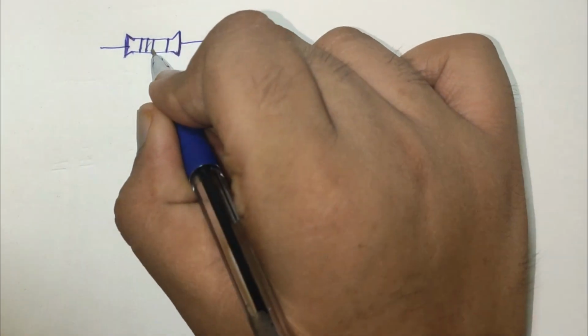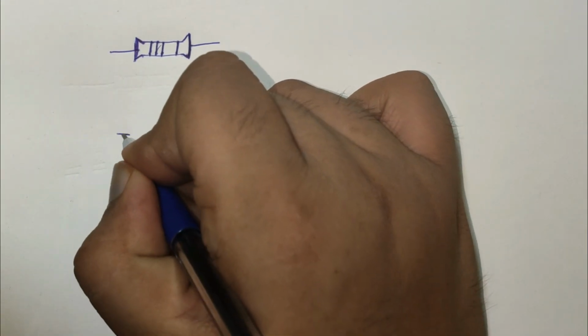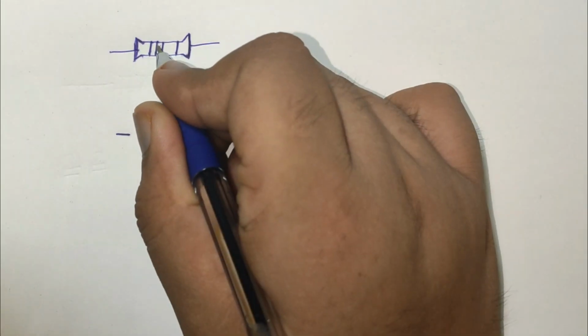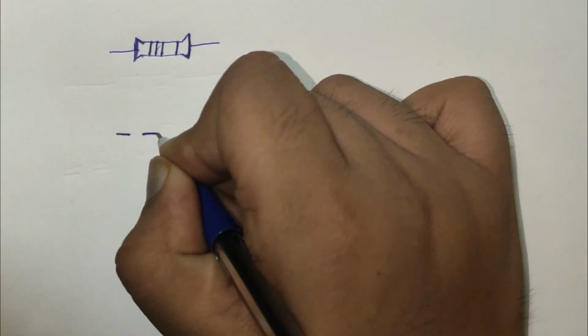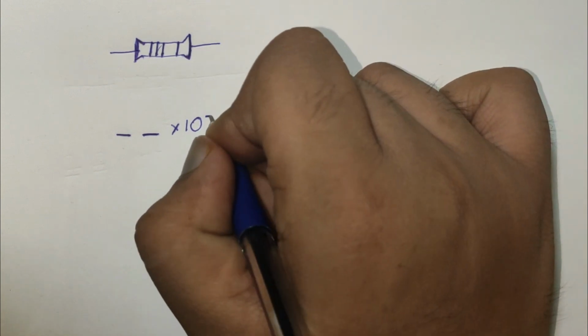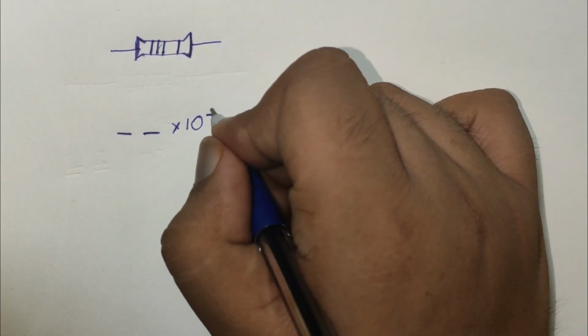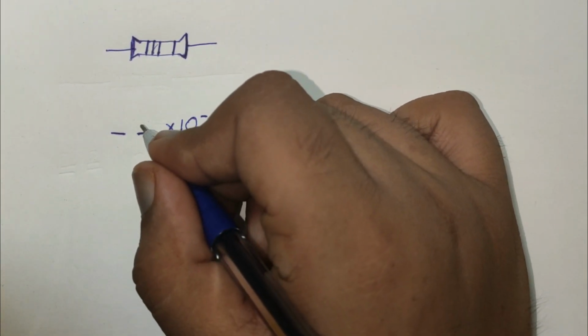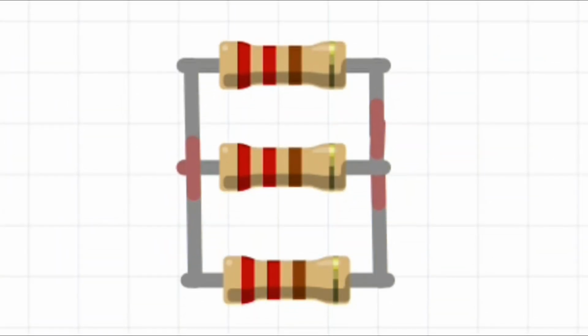So how do we determine the resistance from this color code? From the 3 bands, the first band corresponds to the first digit. The second band corresponds to the second digit. And the third band is called a multiplier. That is, it corresponds to the power of 10 by which we multiply. So in this example, there are 2 red bands and 1 brown, and after a far distance, the gold band.